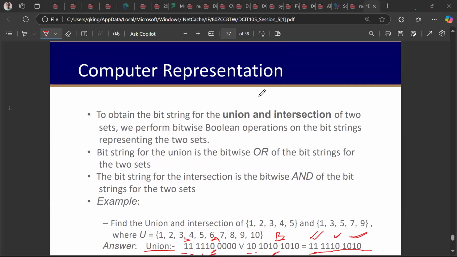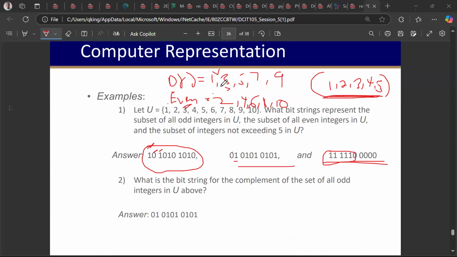So you see, when we're dealing with a set, we got to a point where we had set operations which has to do with the union, and then we did an intersection. We also looked for the difference of two sets and all that. And so we are looking at the computer representation of the set. And we looked at some examples here of how to represent the set in bits.